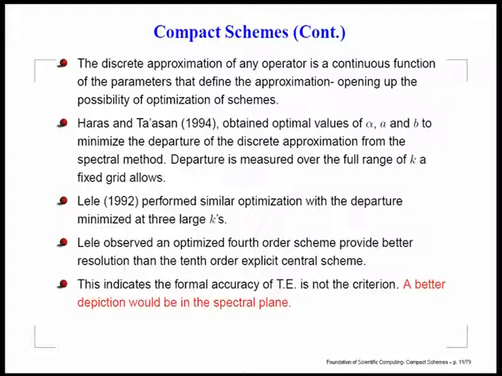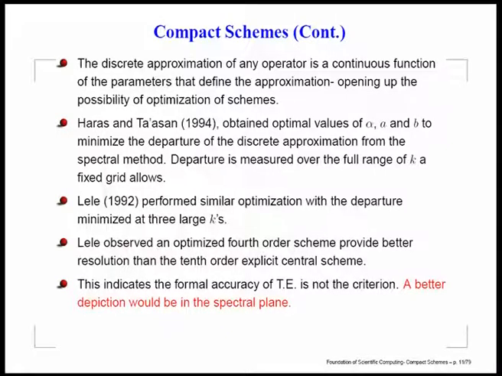Okay. And Lele observed, which is the core of this subject, that if you take a look at these optimized or non-optimized implicit schemes, they are far more accurate than their counterparts in the explicit schemes, and this could be quite significant.